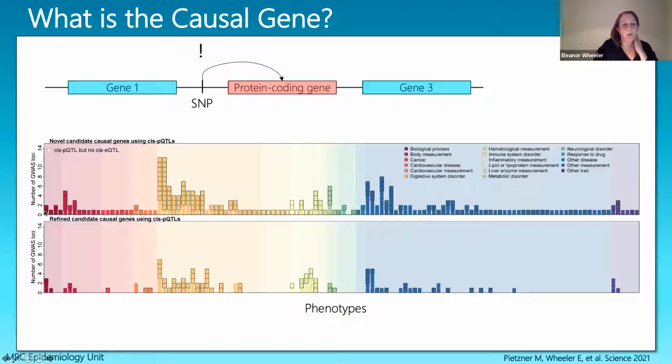And the upper panel shows the number of GWAS loci where the cis-pQTLs provided a candidate causal gene. So there previously wasn't a candidate causal gene, and using cis-pQTLs, you're able to identify candidate causal genes. And the lower panel here shows the number of loci for which the cis-pQTL refined the list of candidate causal genes at the locus.